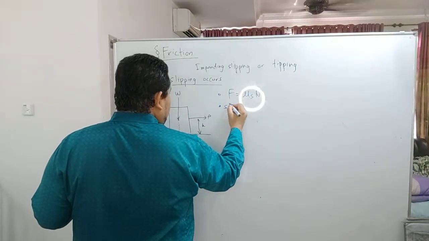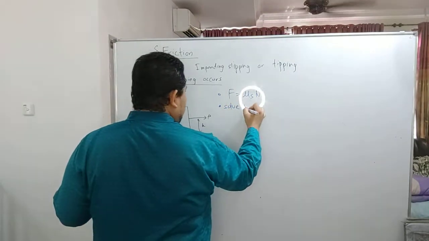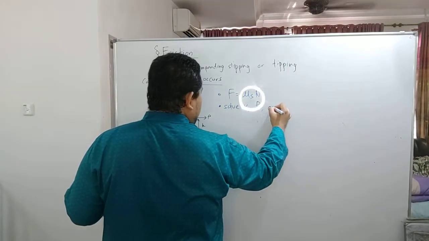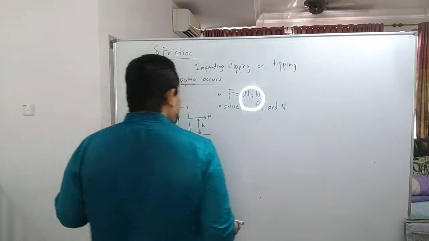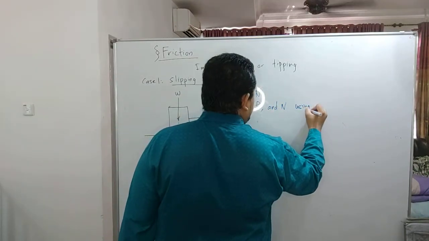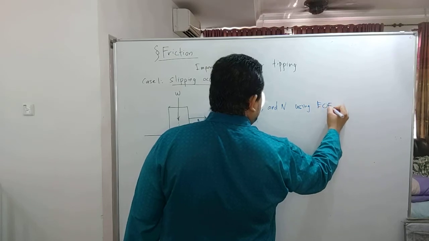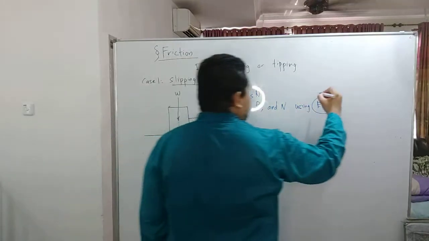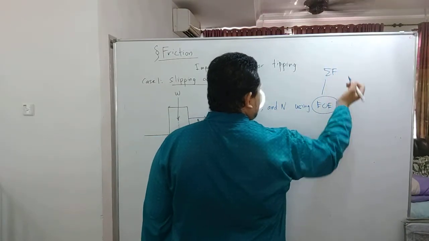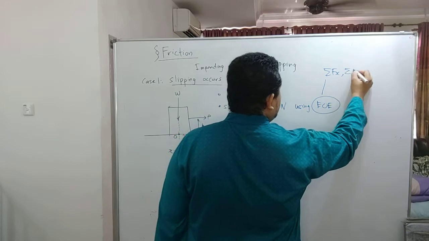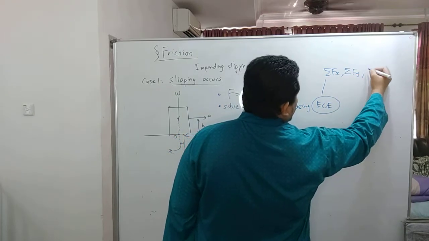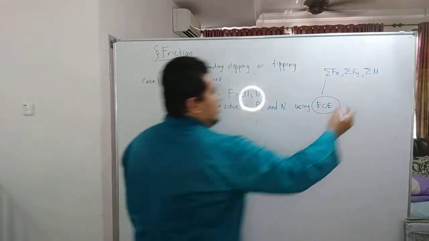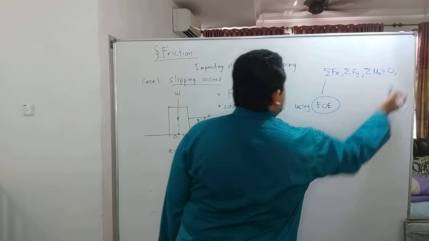So you need to solve the x value, load value, and N using the equations of equilibrium over here, which include the force along the x-axis, y-axis, and moment about O over here, which is equivalent to 0.